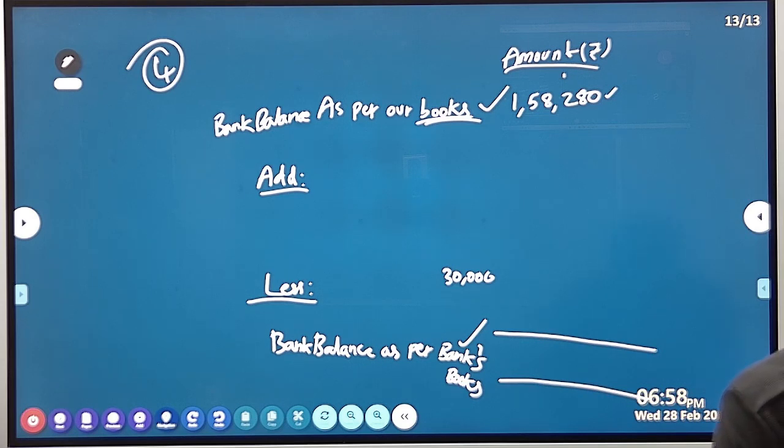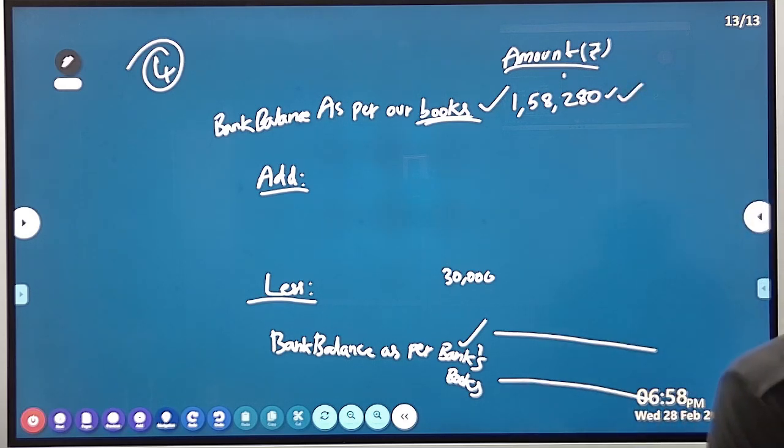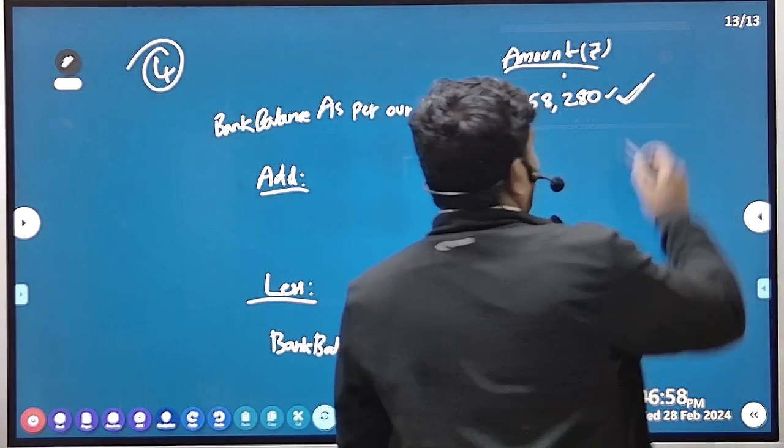A check of 10,000 was presented on 3rd April. समझ गया? इस फिगर में हमने ऑलरेडी 31,200 डिडक्ट कर दिया, बट एक्चुअली पेमेंट कितना हुआ? 21,200. वेरी गुड. 10,000 बाद में हुआ है.